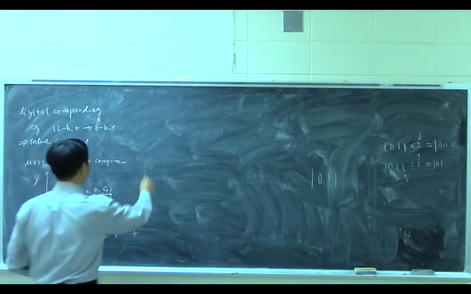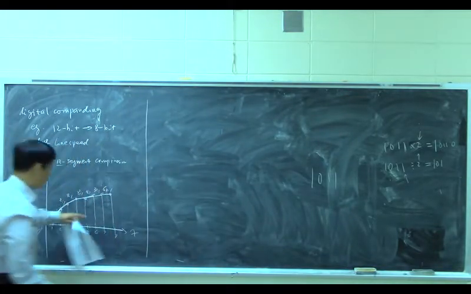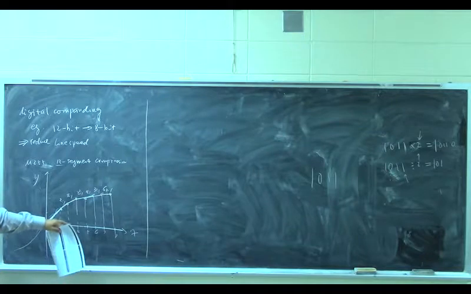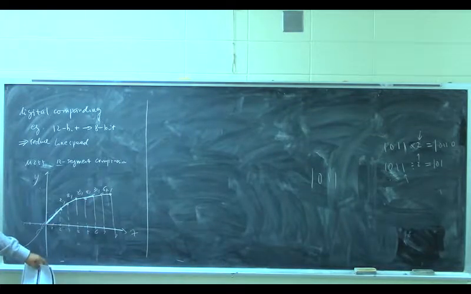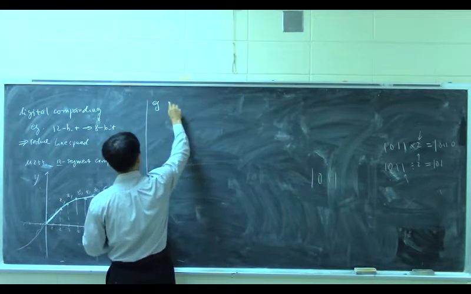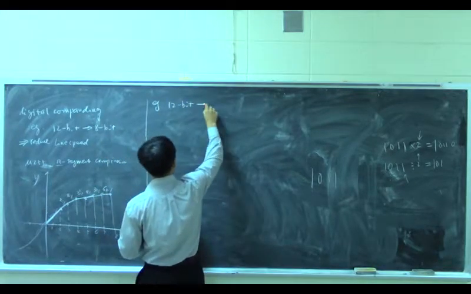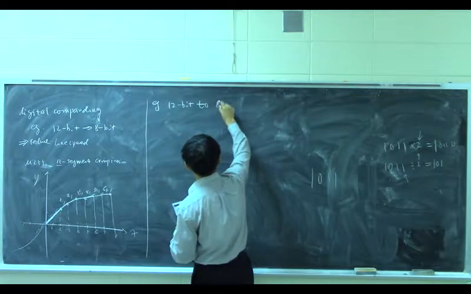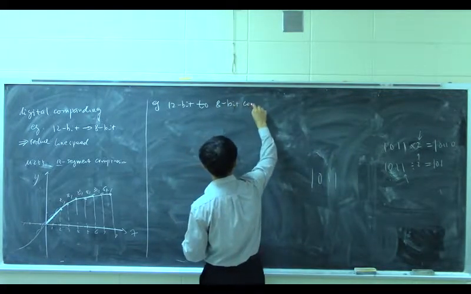Let's see. These are very typical. We have some other characteristics, but we are going to discuss only this in this class. Now we have an example. It's 12-bit to 8-bit compression.